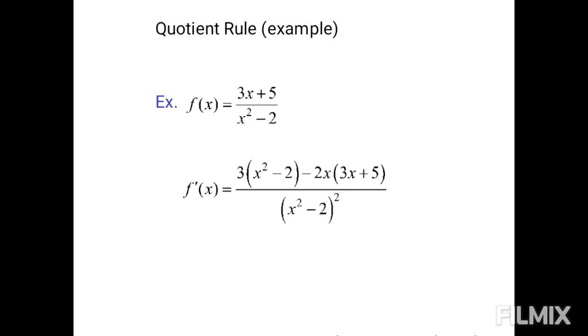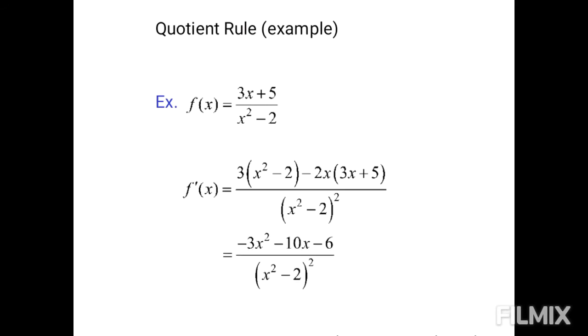That's why we have 3 here. Minus our numerator, or the high, times the derivative of our low, or the denominator. That's why we have 2x here, because the derivative of x squared minus 2 is 2x, and then all over low squared, or the denominator squared, which is the quantity x squared minus 2 squared.